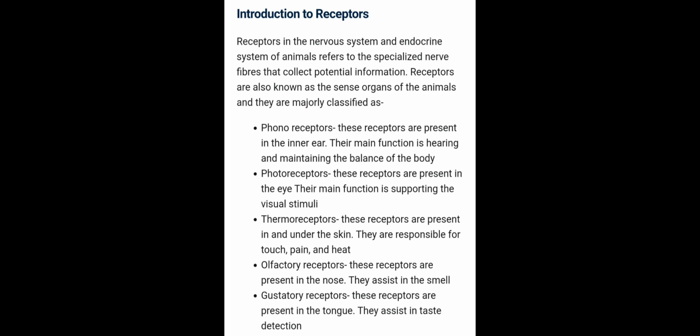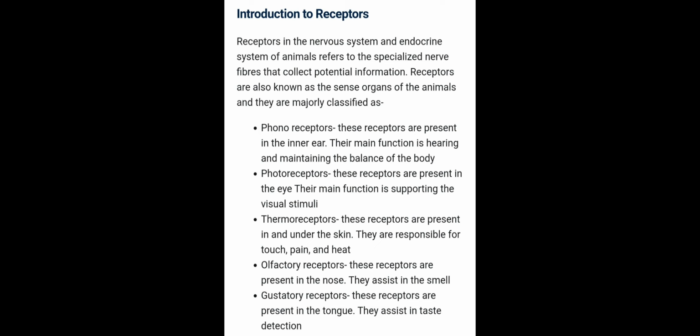Introduction to receptors. There are different kinds of receptors in our body. Receptors are also known as sense organs of the animals, which are classified as phonoreceptors. The phonoreceptors are the receptors which are present in the inner ear.